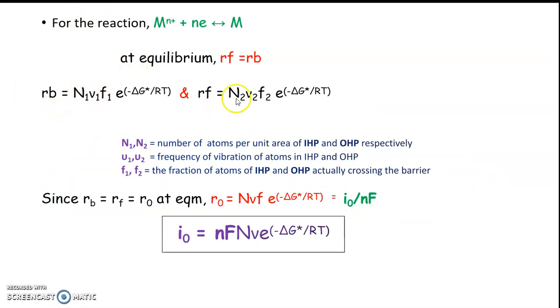If N1 and N2 are the number of atoms per unit area of metal surface at the inner Helmholtz plane and at the outer Helmholtz plane respectively, and nu1 and nu2 are the frequencies of vibration of atoms, and F1 and F2 are the fractions of atoms crossing the barrier, the rate of forward reaction and rate of backward reaction can be written like this by the same classical rate theory that you have studied in kinetics.